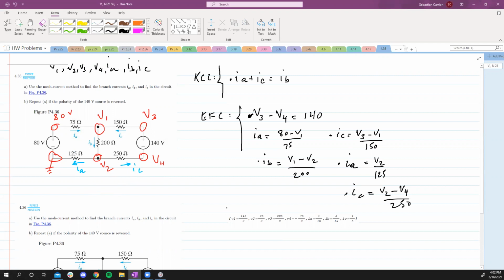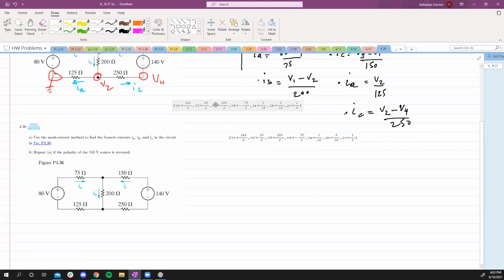So we have 7 equations and 7 unknowns, right? So IA would be 1 over 10, IB would be 0.3, and IC would be 1 over 5. So 0.1 amp, 0.3 amps, 0.2 amps. That's our result for that first part.